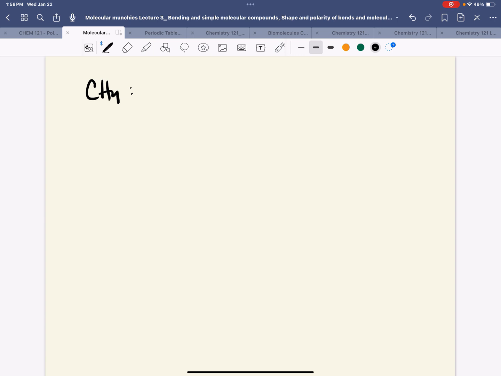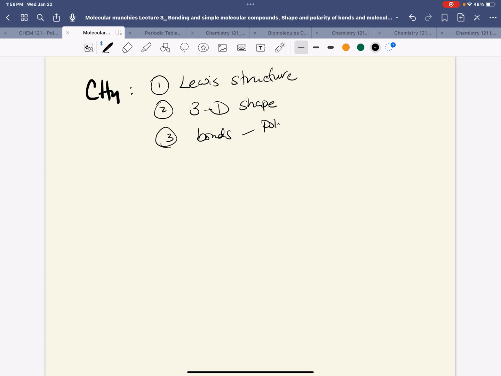I would encourage you when you're doing this to first do the Lewis structure, like I taught you earlier, and then think about the 3-dimensional shape of the molecule. Then you're going to analyze the bonds to determine if they are polar or nonpolar. And once you think about the polarity of the bonds, then you're going to think about the net dipole. So that's what I'm going to cover right now, the net dipole.